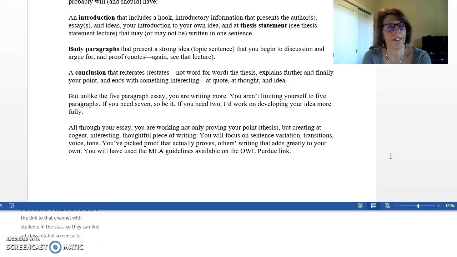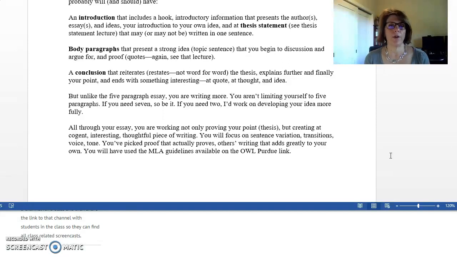Just saying. A body paragraph has to be a part of your thesis. If I'm arguing that we need to start really enacting ecological practices in the home in order to stave off global warming, and there are practical things we can do, I'm going to break those practical things into little bits and pieces throughout my essay so that you can see my full argument.